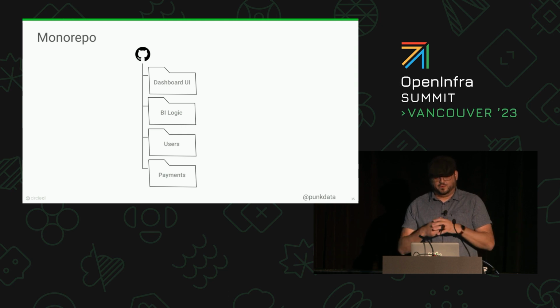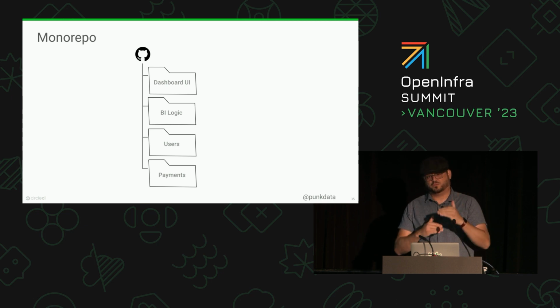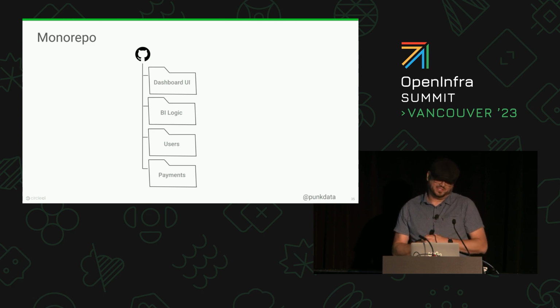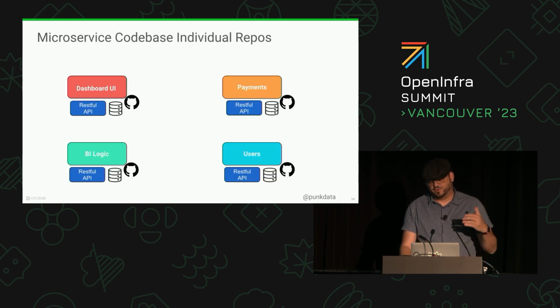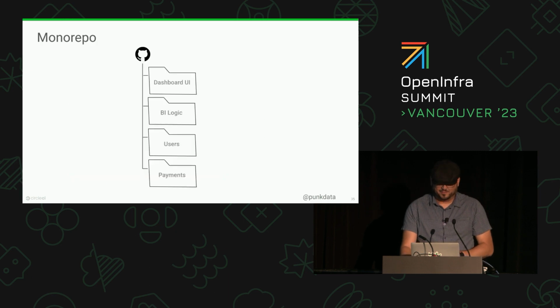Or you can do something like a monorepo, where you have one repository but multiple projects within it. I am not a big fan of monorepos because I've seen that it adds layers and layers of complexity within the application. I am a big fan of the model with one repo for every service. That also has its challenges for managing, but my preference is that way.